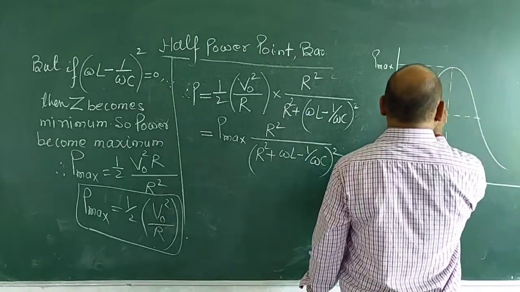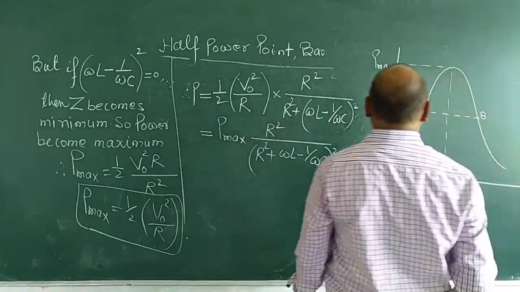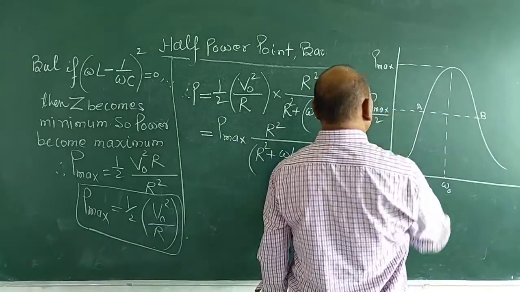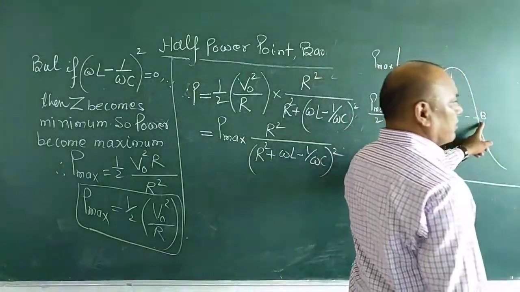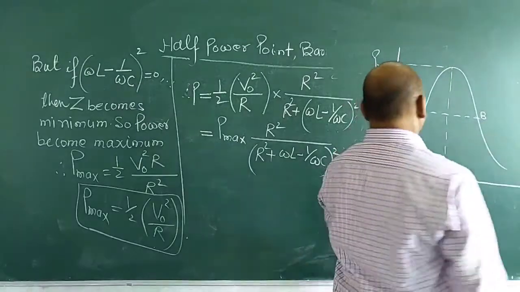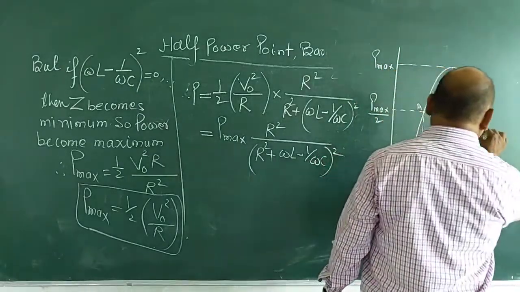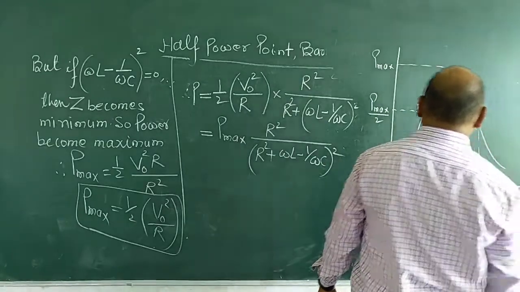This is the point A and this is the point B. So this becomes P max by 2, and these two points are called half power points, because here this frequency is, suppose, omega 1 and this frequency is omega 2.